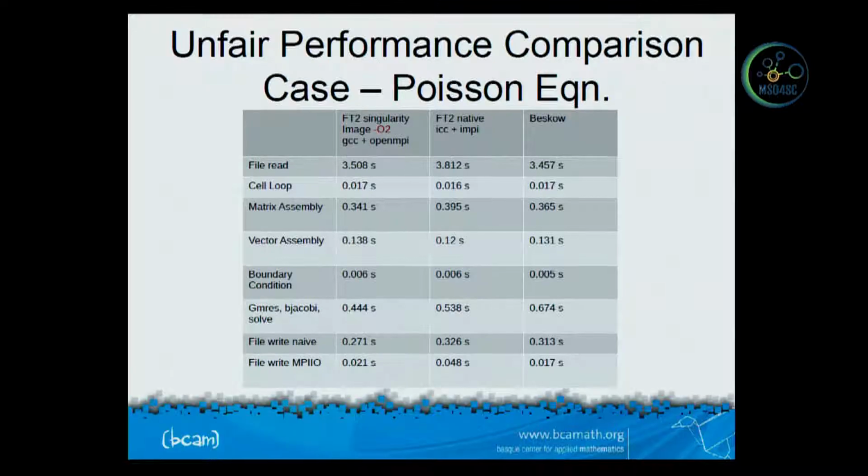And I later saw that I forgot the optimization flag in these other ones, so that was unfair. But still, I think it shows that the singularity approach is promising because it's head-to-head with the others, let's say.